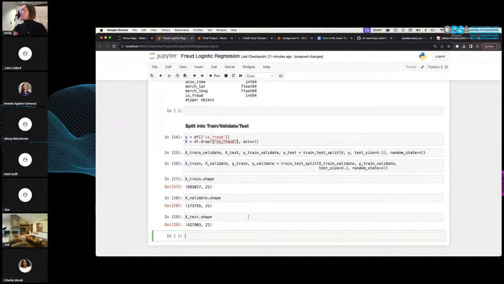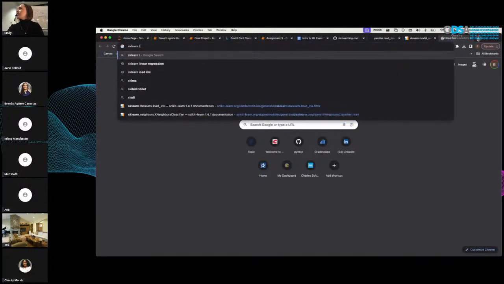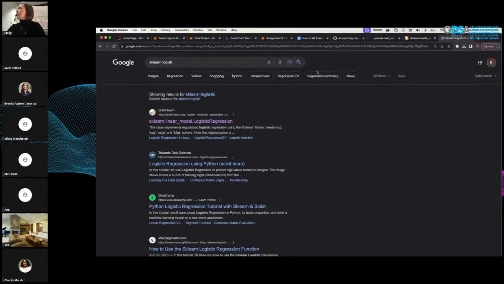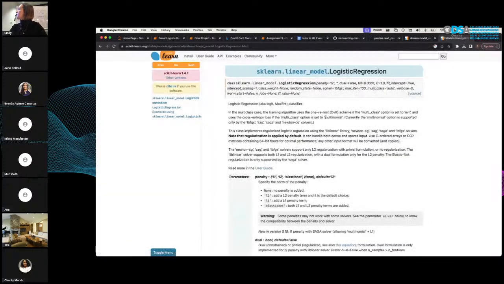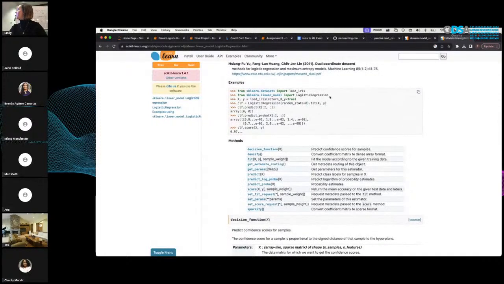So this is your train test split data set, and then from this you would want to apply our logistic regression model, or apply your grid search, or whatever you wanted to do next. So for that, we would just go to sklearn, logistic regression. Oh, there we are. And we're going to import this.